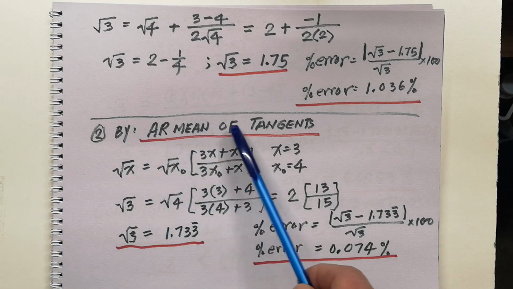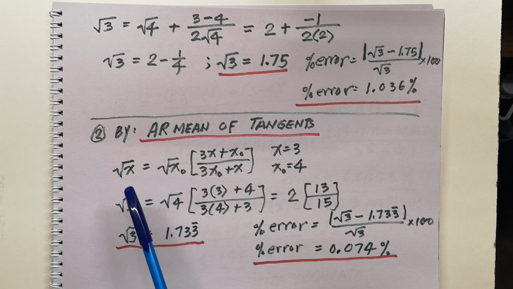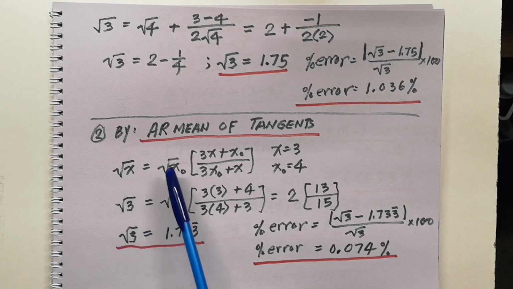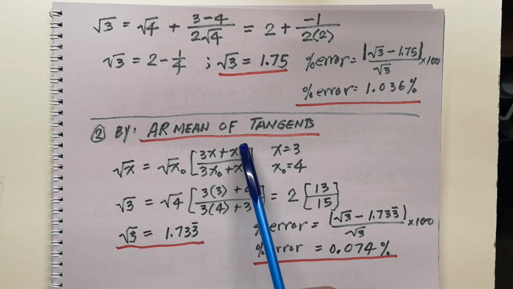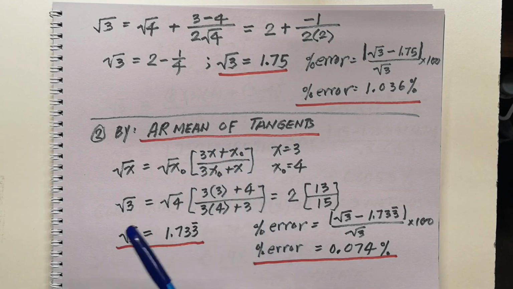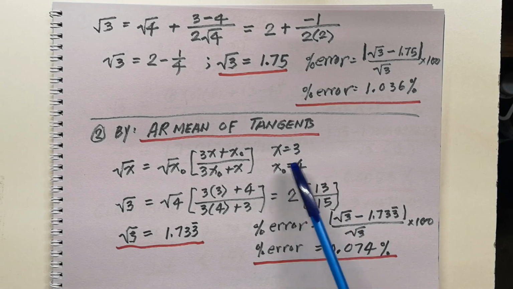By arithmetic mean of tangent, from the equation that we derived, square root of x is equal to square root of xo multiplied by (3x plus xo) divided by (3xo plus x), with x equal to 3, xo equal to 4.